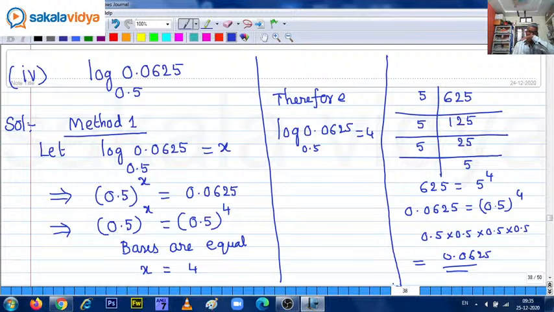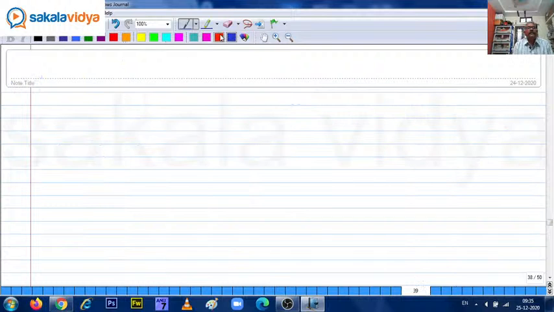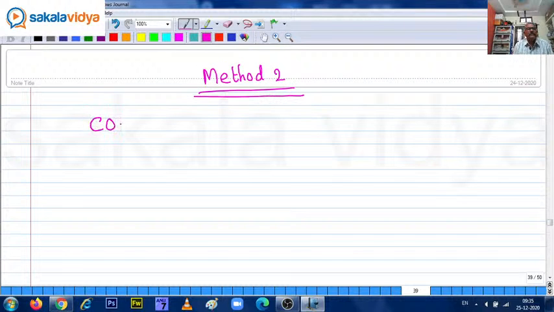Let us move to method number 2 for this one. So method 2. So consider log of 0.0625 to the base 0.5.